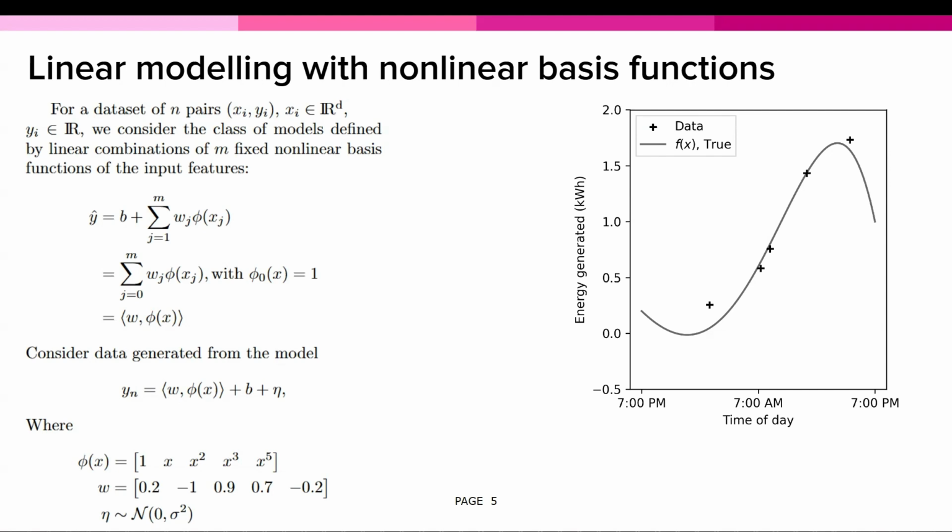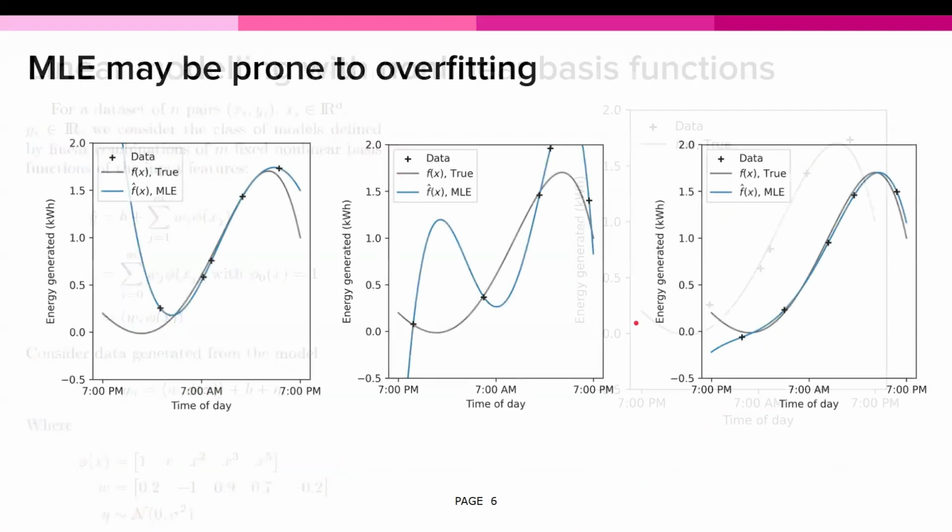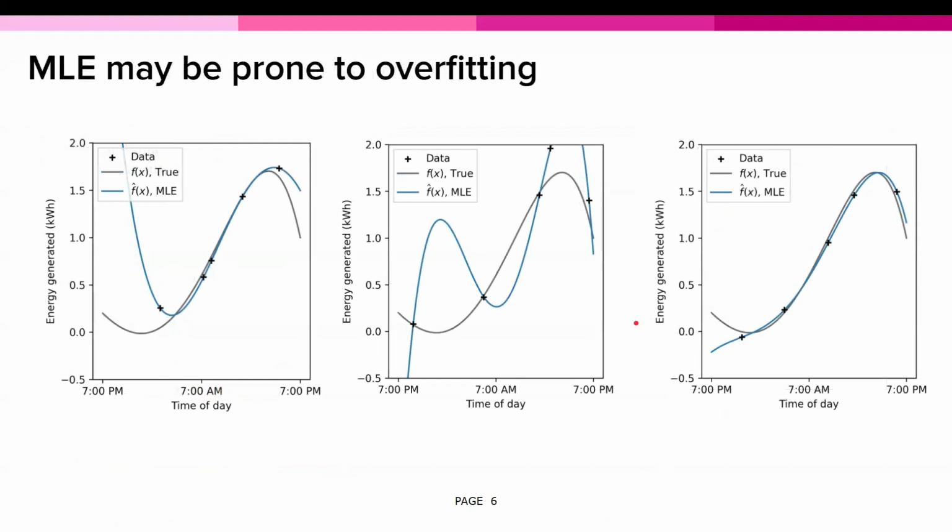But because the features themselves are nonlinear transformations of the input, we can capture more complex patterns and behaviors than a simple linear model would. So having access to more features allows us to capture more complex relationships. But this extra flexibility, we need to use it with caution.